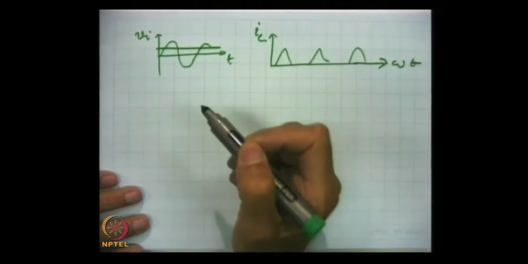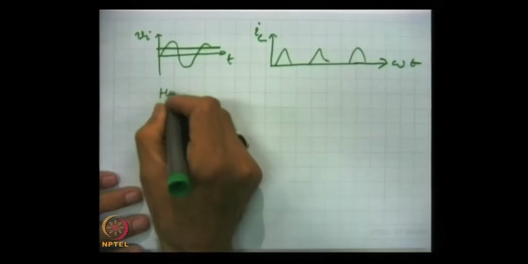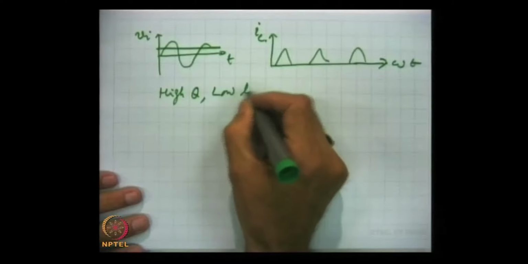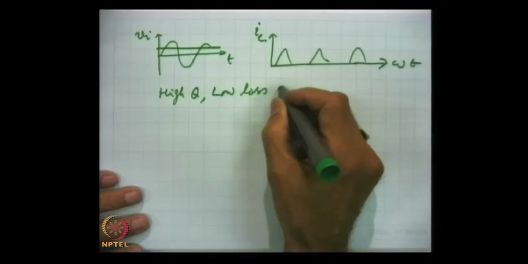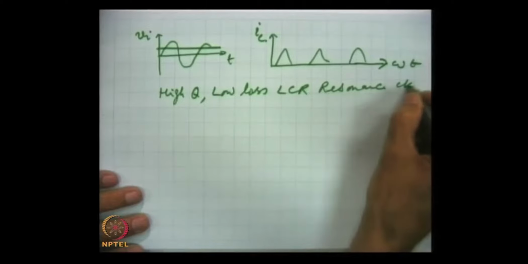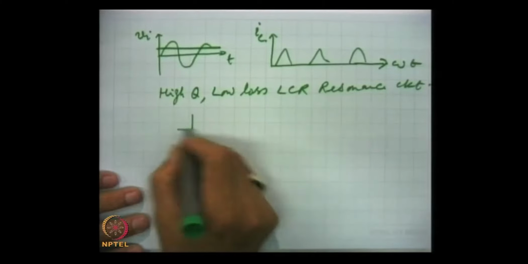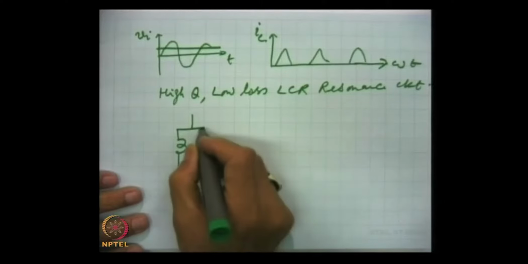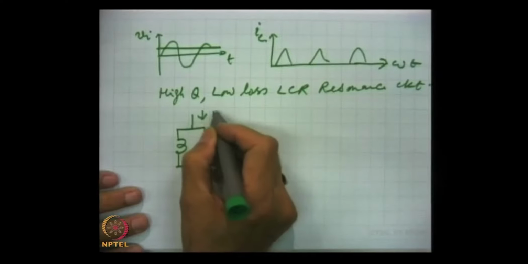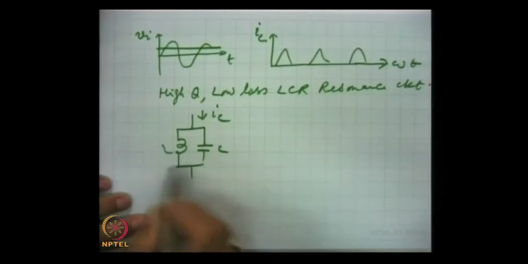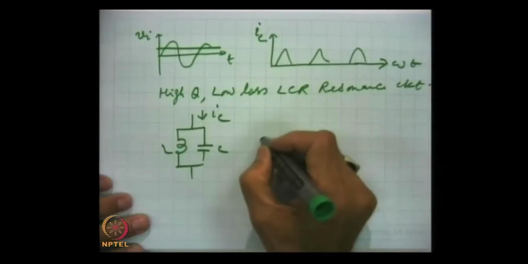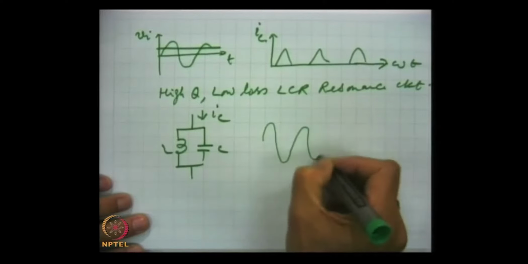Tank is a resonant circuit, high Q, that means low loss, an LCR resonance circuit, like here. When these current pulses excite this LCR circuit, then at the output the total sine wave is retrieved.